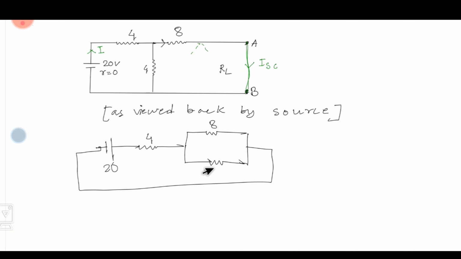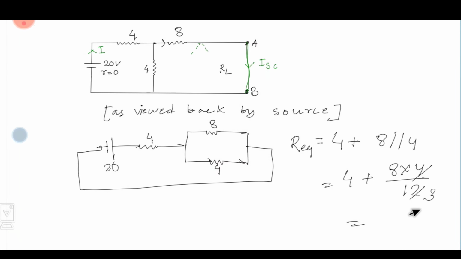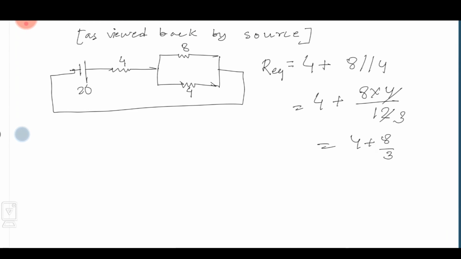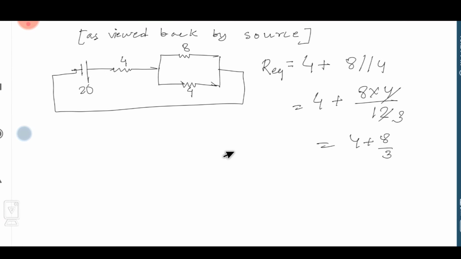Here the other resistance is 4. So now we'll calculate the resistance. Here the resistance is 4 plus 8 and 4 in parallel, that is 8 plus 4, 12. This is our equivalent resistance. Now we will find the current using Ohm's law.